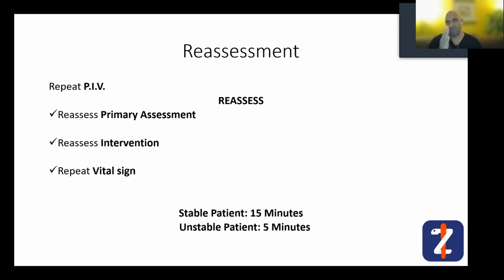Then as we see it moving with other signs and symptoms, it's going to be trending. The number one rule: when you are transporting a patient and the patient is stable, you're going to reassess the primary, interventions, and vital signs every 15 minutes. If the patient's unstable, then it's going to be every 5 minutes.